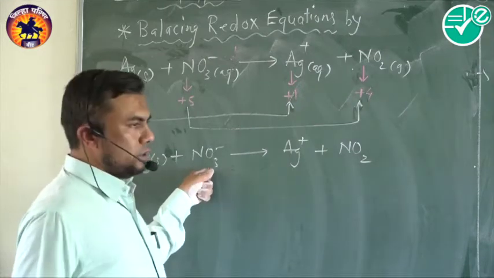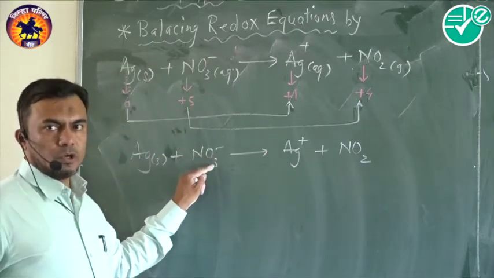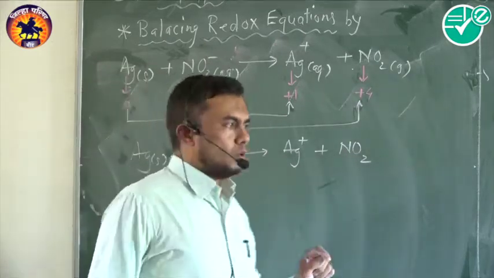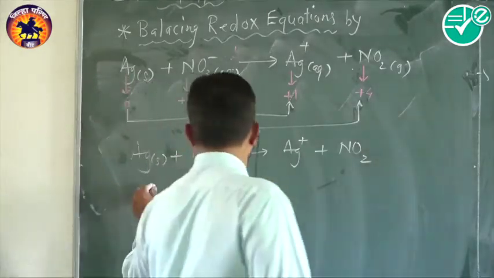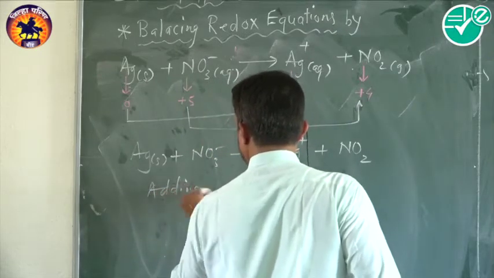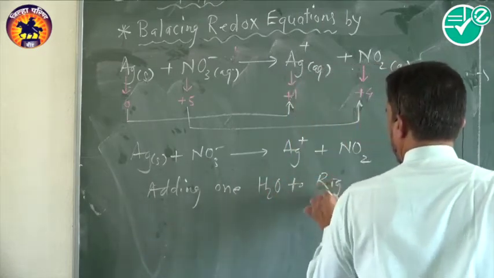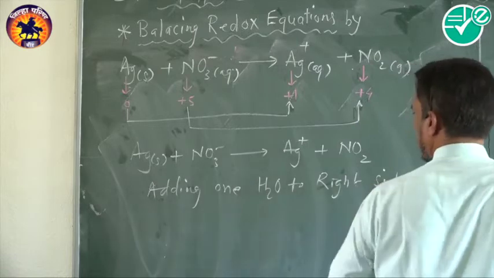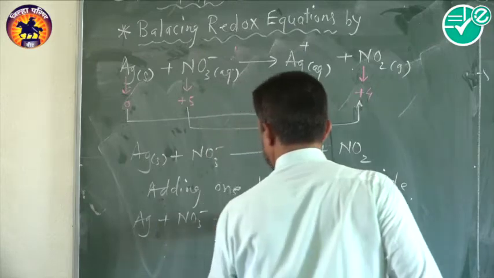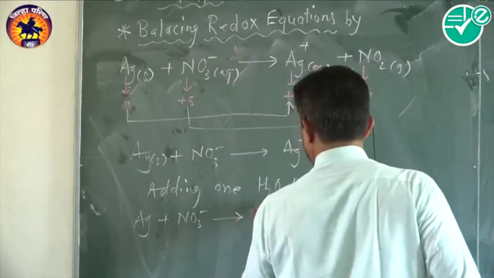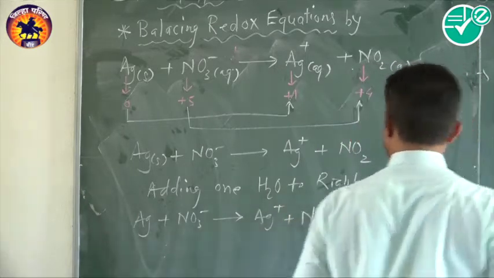But check the balancing of the oxygen atom. Look here, there are 3 oxygen and here 2. So one oxygen is less on the right hand side. So you have to add 1 H2O to the right side. What do we get? We get Ag plus NO3 minus is equal to Ag plus plus NO2 plus 1 H2O.